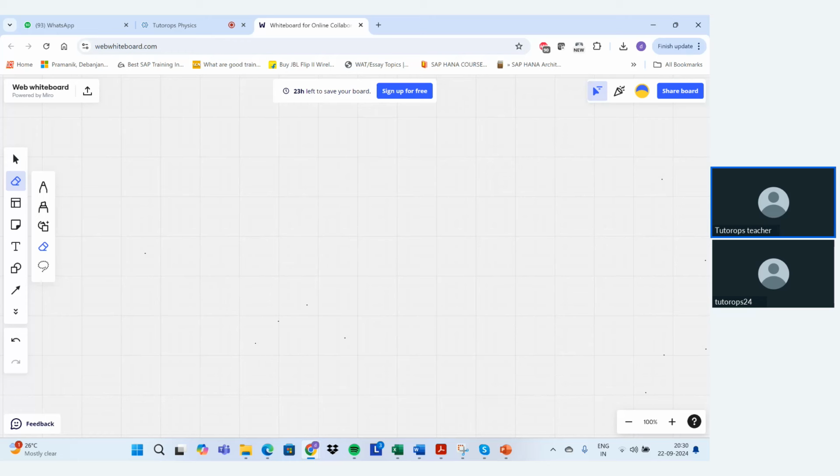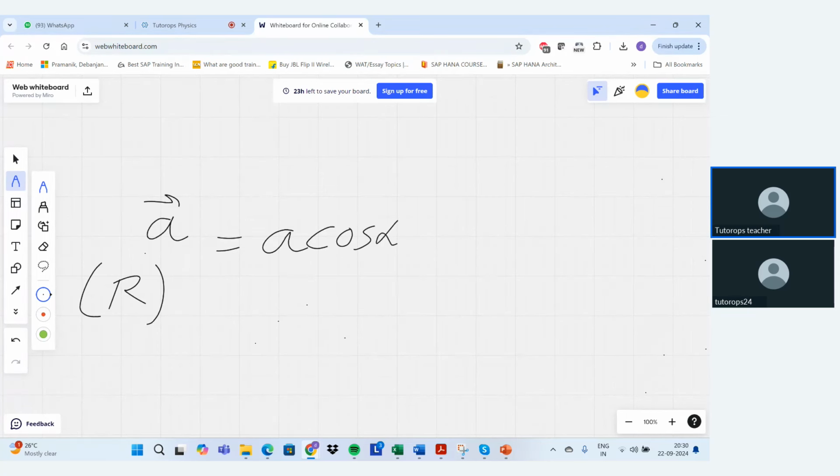Now I am writing the basic formula for 3D. R, the resultant vector, is equal to A cos alpha i, which we already learned in the last example, plus B cos beta j.